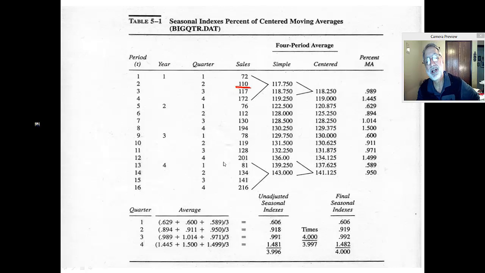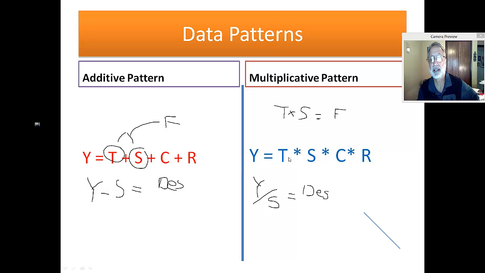Now, what is it I'm going to do? Well, this is multiplicative data, and as I was showing you here, I'm using the moving average to represent the trend, and I want to identify the seasonal part. In the first example that I showed you, we divided through by the season to get the trend.